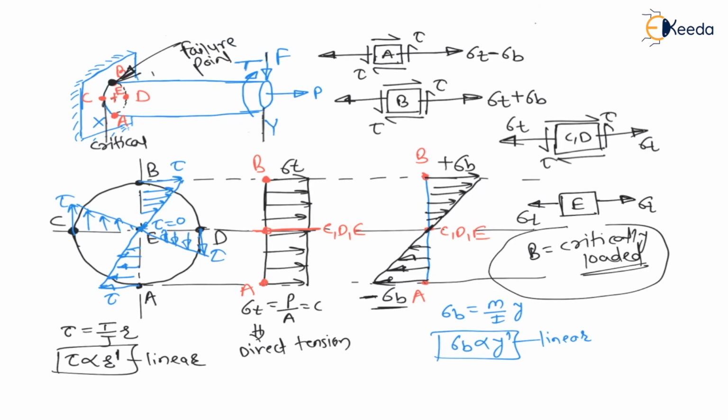B is called the failure point. Means in the total design, if you keep point B safe, then the entire beam is safe. If point B is under the safe zone, then each and every point on the beam is under the safe zone. Therefore, our design must be for this point B.